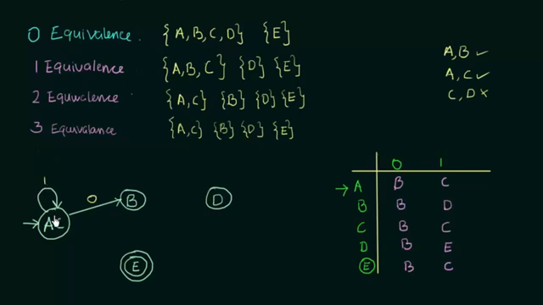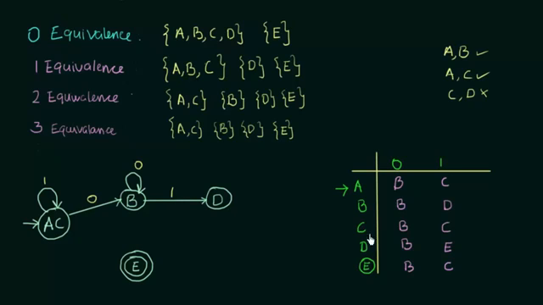Okay, now we have finished for AC. Now coming to B. B on getting input 0, where does it go? It goes to B itself. And B on getting input 1, where does it go? It goes to D. B goes to D on getting input 1.